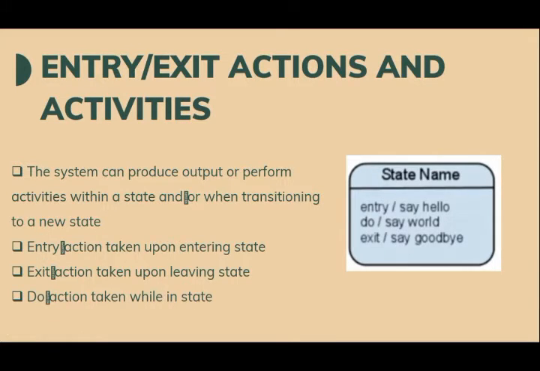The system can produce output or perform activities within a state or when transitioning to a new state. Entry action is taken upon entering a state, exit action is taken upon leaving a state, and do action is taken while in the state. So basically, when it enters and while it is still in that state, it executes the do condition, and if it exits, it leaves that state.